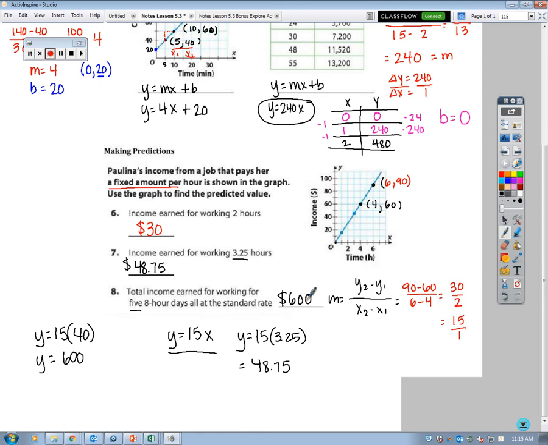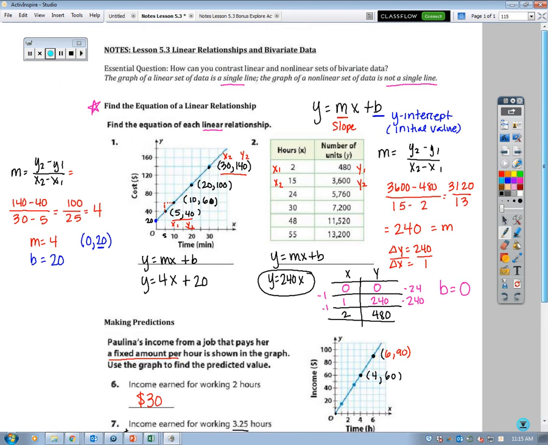If you are working a job and you have an hourly rate, you can figure out how much you make after a certain number of hours if you know how much you make per hour. Okay, so those are the two main things that you'll be doing in lesson 5.3: analyzing linear relationships and nonlinear relationships. So going back to that essential question, if it's linear, it's going to make a straight line.